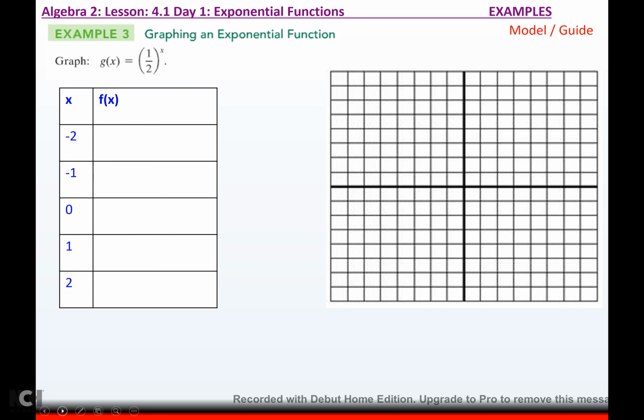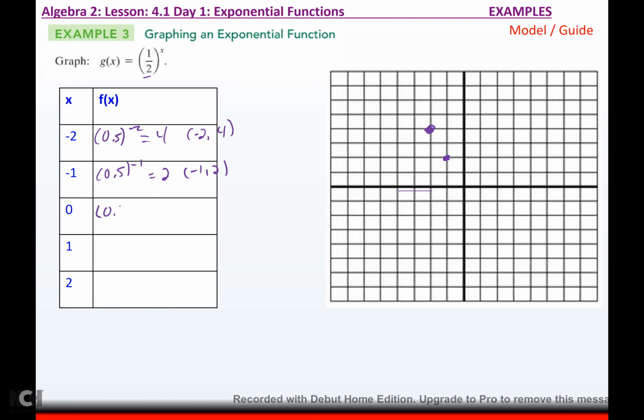Alright. Okay, this one is going to be decay because my base is between 0 and 1. So if I plug in 1/2 to the -2, and if I was typing this, I would just type 0.5 caret -2, and you get 4, so that would be (-2, 4). Plug in -1, I'd have 0.5 to the -1st, and that's going to give me 2, so (-1, 2).